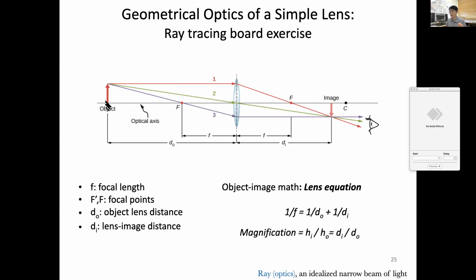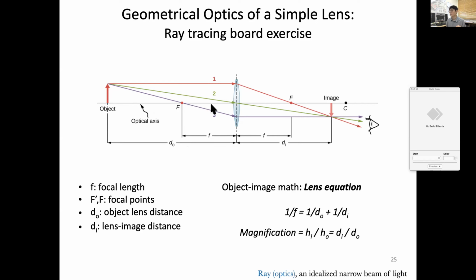This is H sub O, and this is H sub I. And this distance is d sub O minus F, and this distance is F.